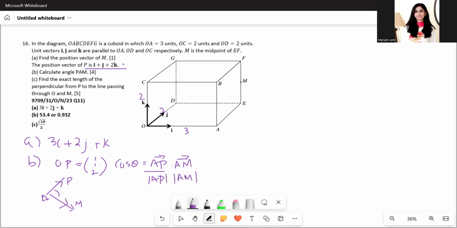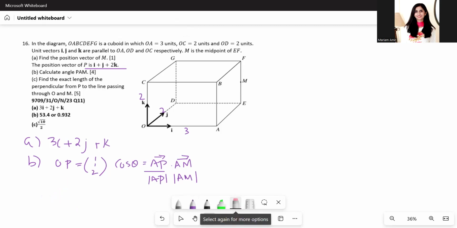Now I need AP and AM. So I already have the position vector of P. I already have the position vector of A, which is just 3i and 0 and 0, so 3, 0, 0. And we also have OM from the last part, which came out to be 3, 2, and 1.